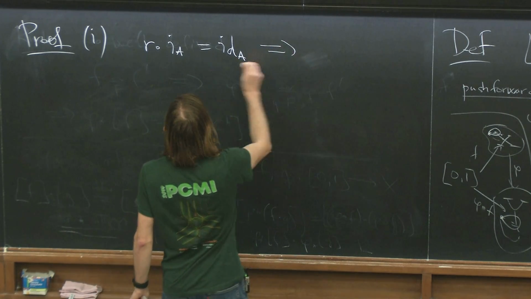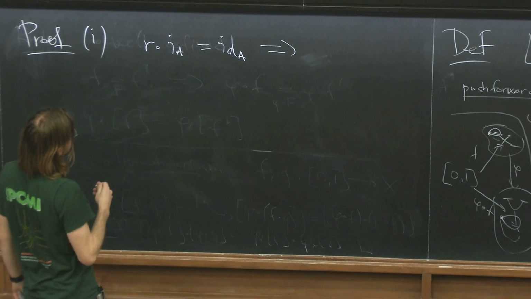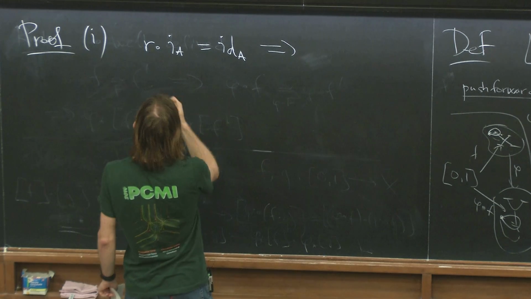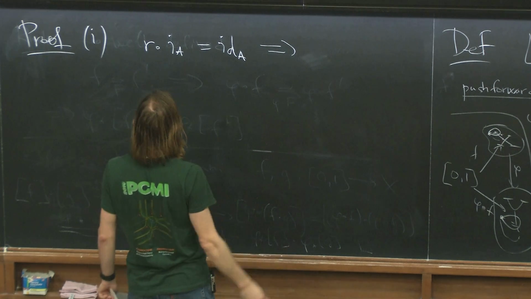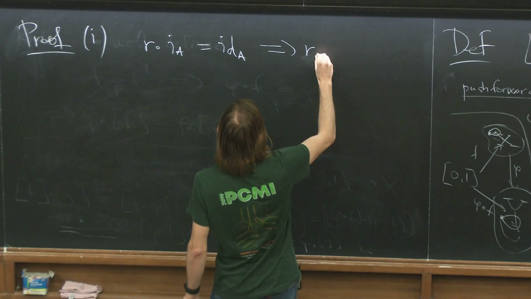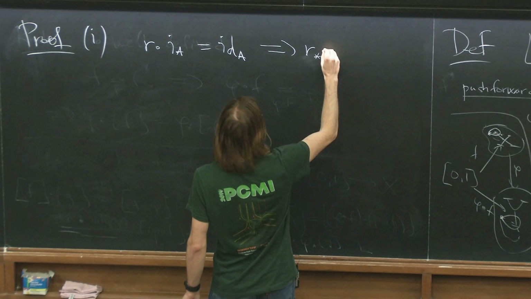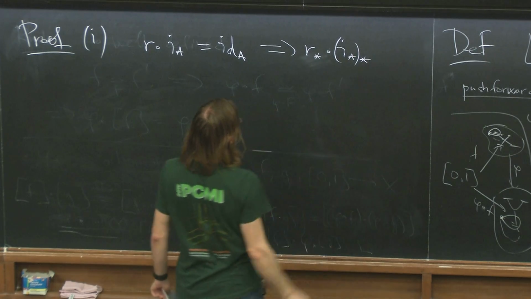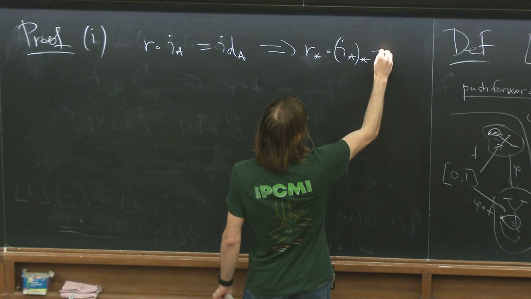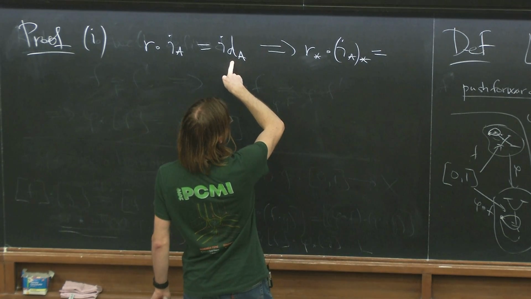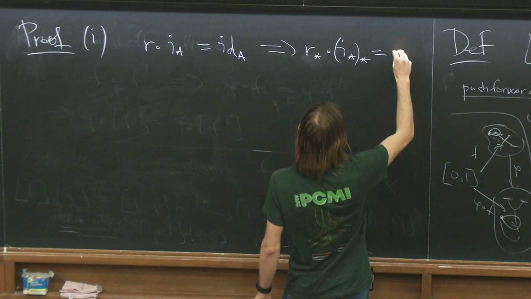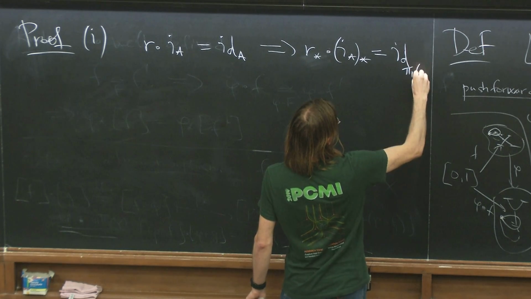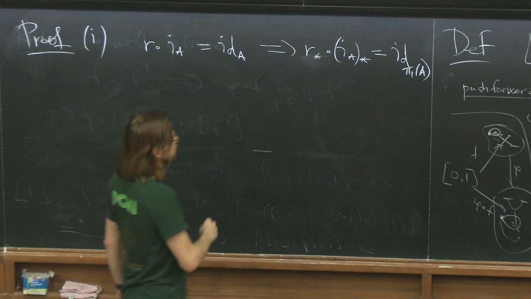Then we can apply push forward to both sides of this equation and use the property that the push forward of the composition is the composition of push forwards. So we get R star composed with i_A star, and here we know that the push forward of the identity is the identity homomorphism on pi 1 of A.